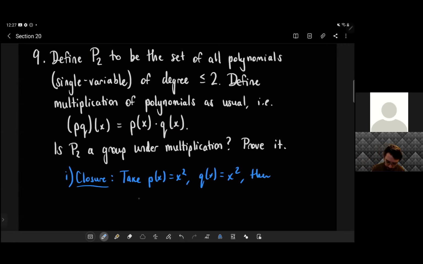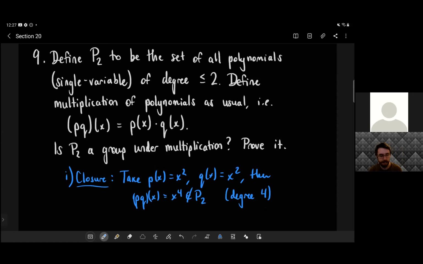Then pq, their multiplication, actually turns out to be x to the 4th, which has degree 4. So it's not an element of the degree 2 or less polynomials. So it's not a group, right? All you needed to check was closure.